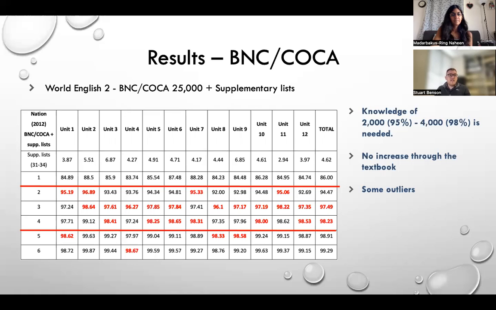And in Unit 4, they needed to know 6,000 words. So this outlier is definitely going to affect the knowledge and the difficulty for students. For example, Unit 2 is going to be a lot easier for them compared to Unit 4. You would think that a textbook should go up in difficulty, but unfortunately this did not.